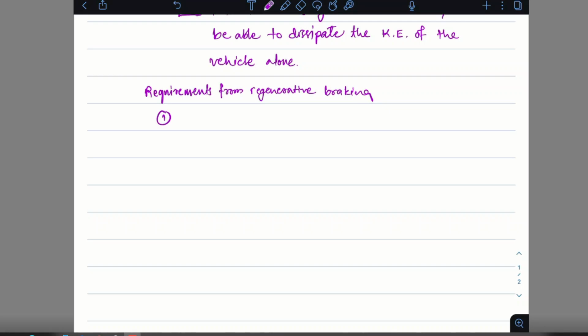First requirement is we want to recover the energy. Second requirement is retain the vehicle stability.